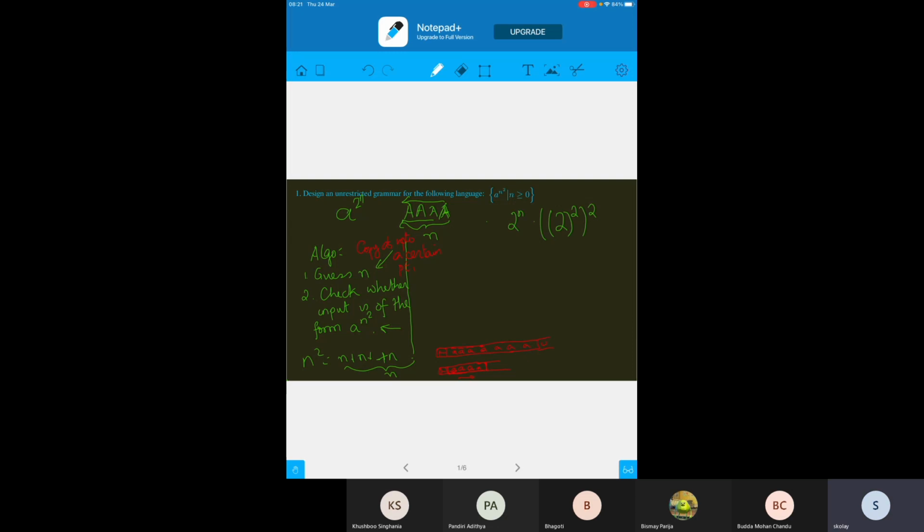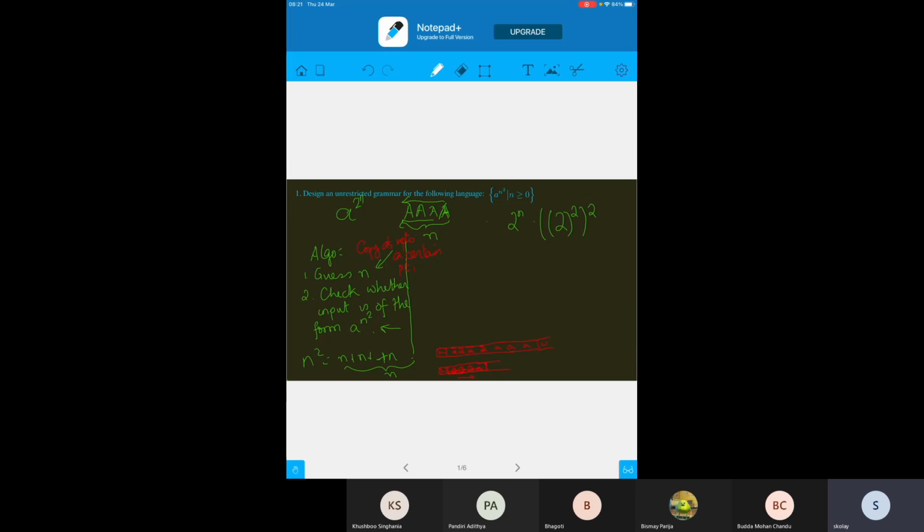If I have copied i a's, I want i copies of this string. The second time you mark, it means I have two such copies. When you have marked it all, you have i such copies.